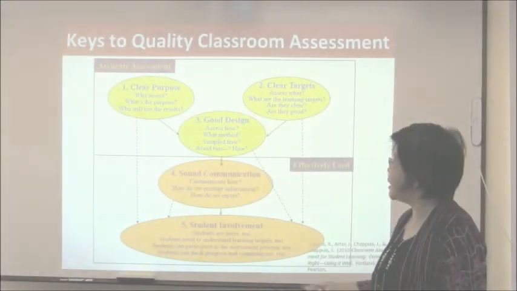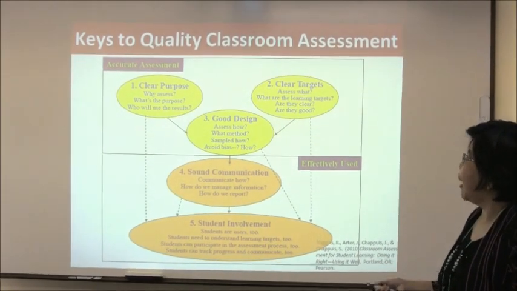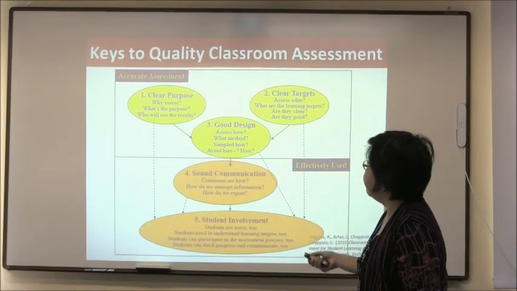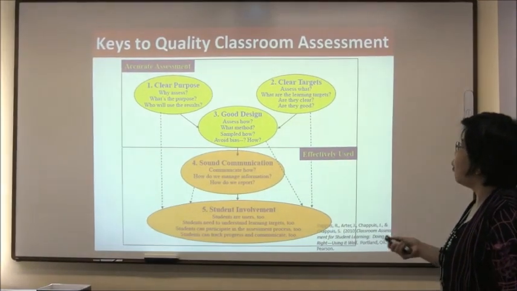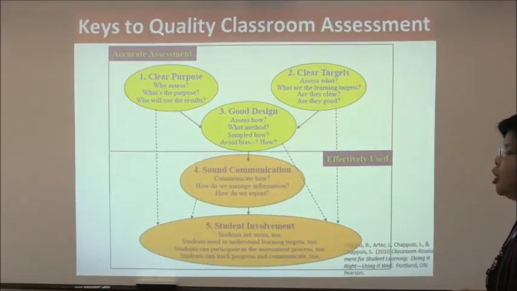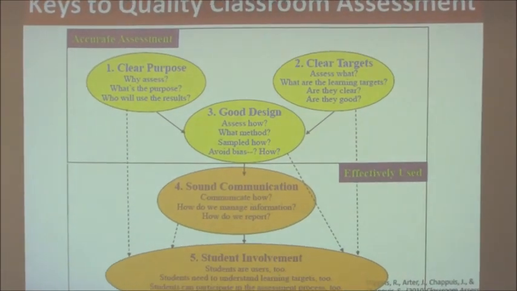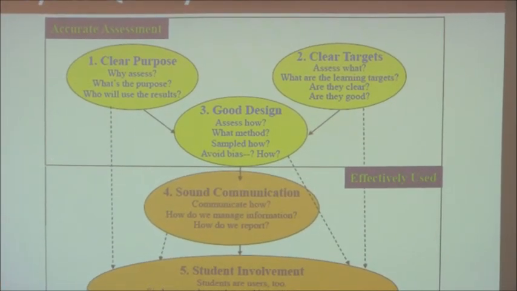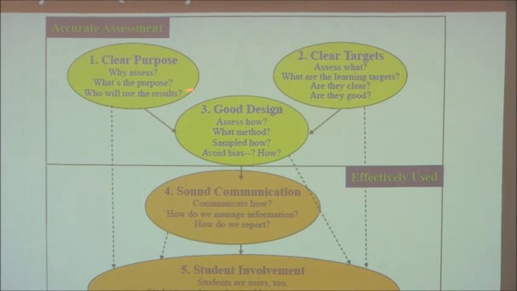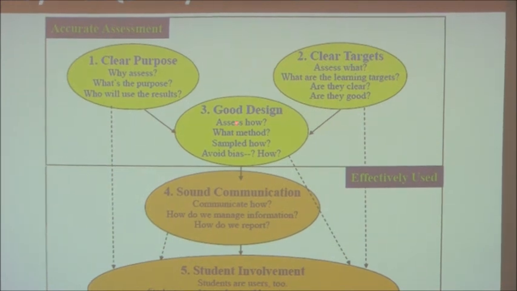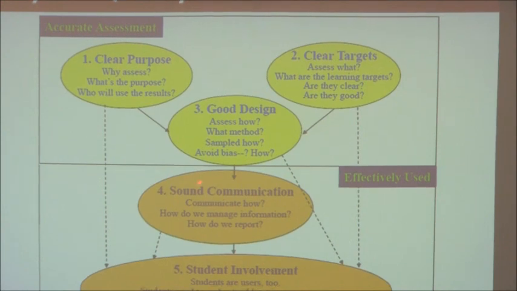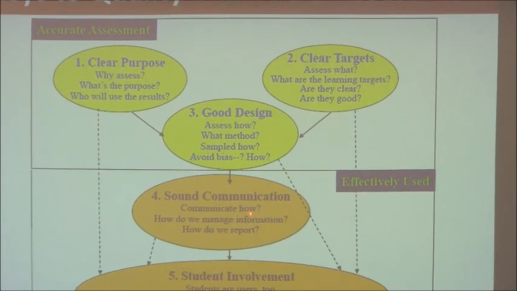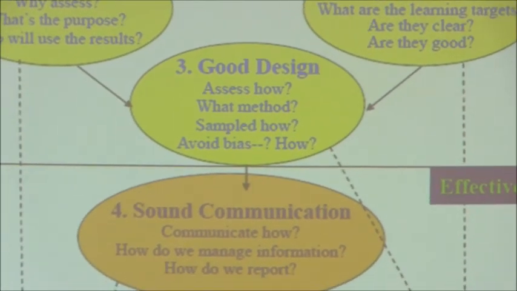In our last session, we talked about the key sub-considerations for quality classroom assessment. Before we design the lesson, and even before we implement the lesson, we need to have a clear purpose, clear targets, good design, and communication of how this learning is communicated.